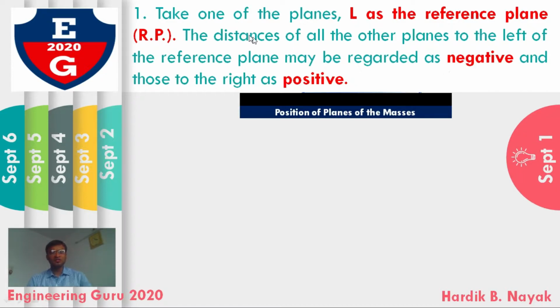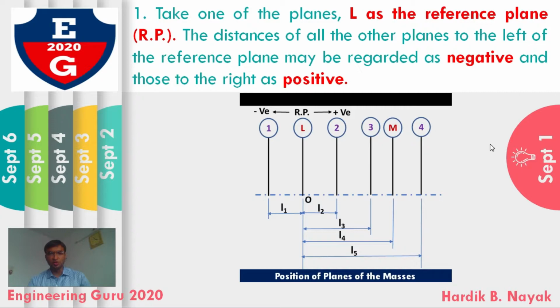First step, take L as the reference plane. From the reference plane, left hand side values will be negative and right hand side values will be positive. Now we will understand this by using this animation, the position of planes. You can see the position of the planes of the masses.